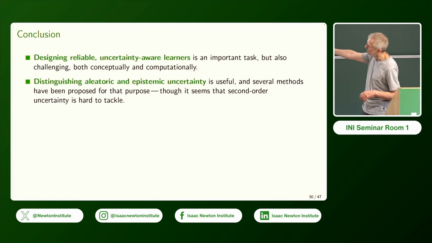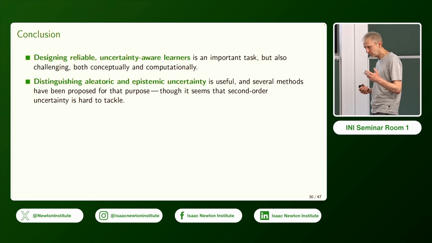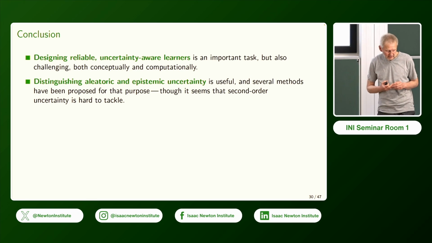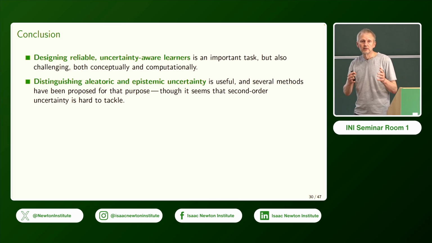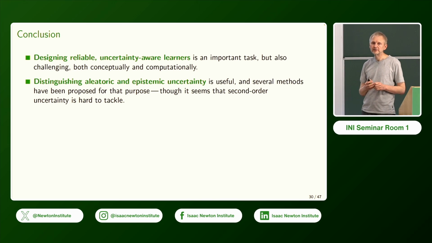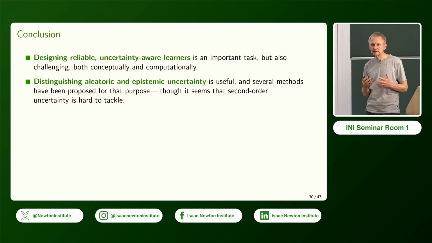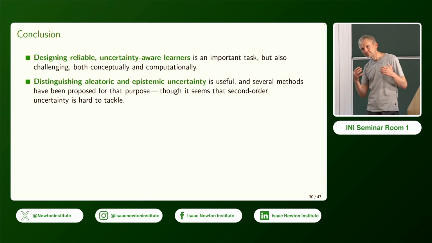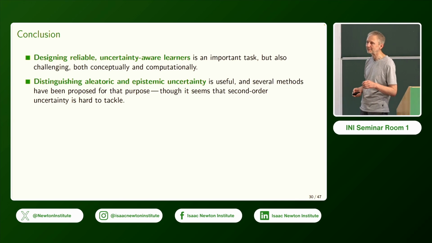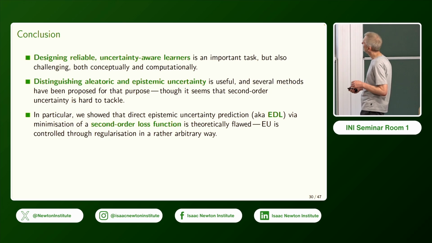But, as you have probably also seen from my presentation today, tackling the epistemic part is specifically difficult. It's not easy to train predictive models which somehow report epistemic uncertainty in a meaningful way.